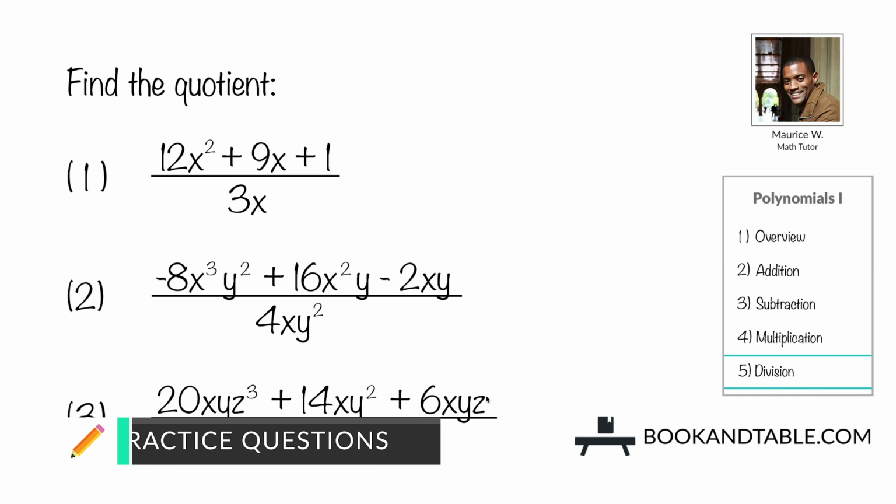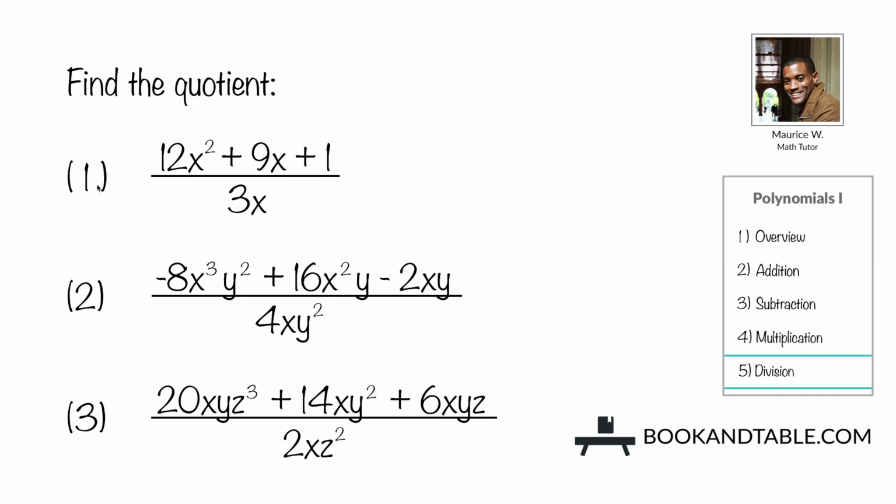Let's now have you try a few practice questions. Question number 1. Find the quotient of 12x squared plus 9x plus 1 over 3x. Question number 2. Find the quotient of negative 8x cubed y squared plus 16x squared y minus 2xy divided by 4xy squared.